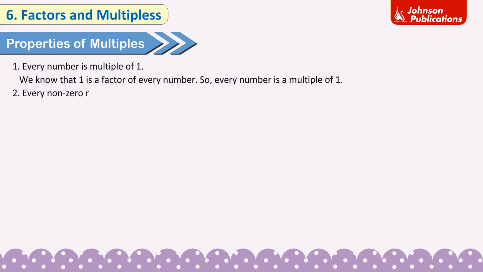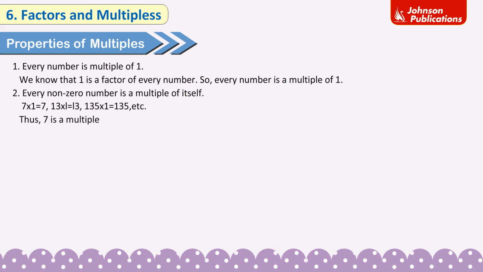Every non-zero number is a multiple of itself. 7 multiplied by 1 is equal to 7. 13 multiplied by 1 is equal to 13. 135 multiplied by 1 is equal to 135, etc. Thus, 7 is a multiple of 7. 13 is a multiple of 13. 135 is a multiple of 135.